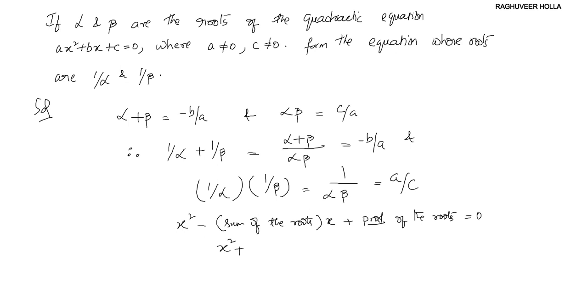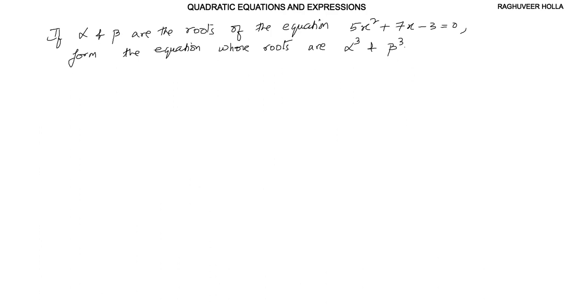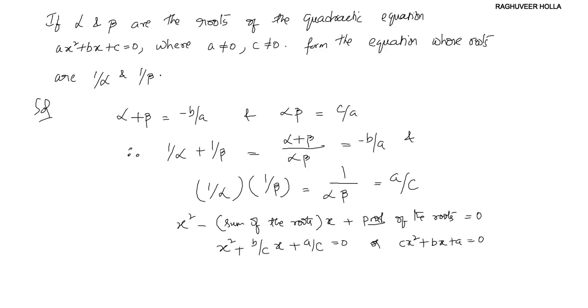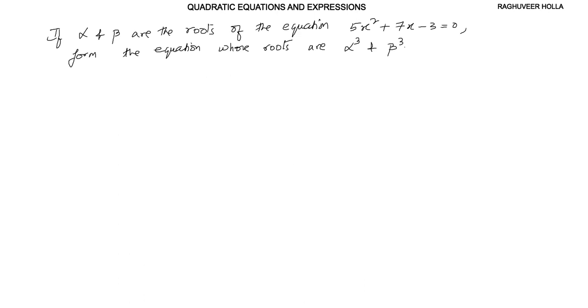So that is x squared plus b by c into x plus a by c is equal to 0, or we can write it as cx squared plus bx plus a is equal to 0.